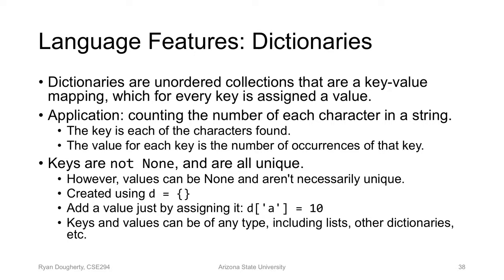So what you can do is loop over every character in the string and check if the character you're currently looking at is in the dictionary. If it is, then we've seen it before, so we increment the number of occurrences of the character by 1.